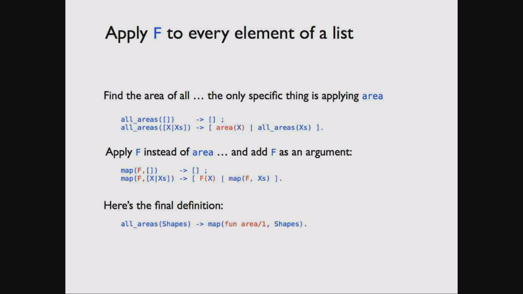So we have to say what we mean here is a function, so we say fun area /1, because we mean the area function of arity 1. So we signal it's a function and we say its arity. But there's our definition. So now, given map, we've got a much simpler definition of all areas.